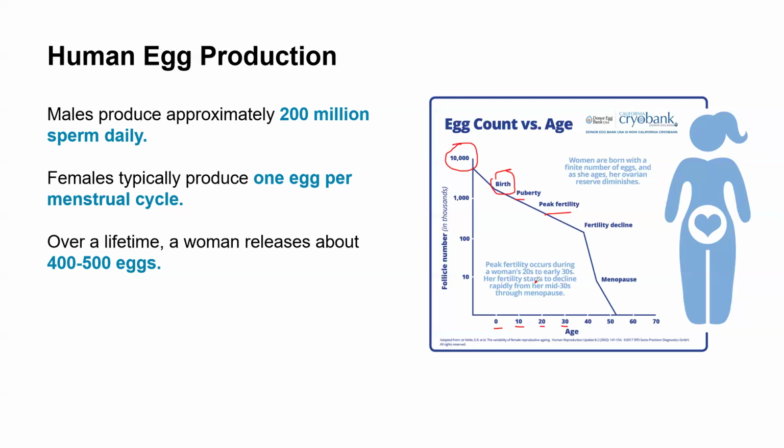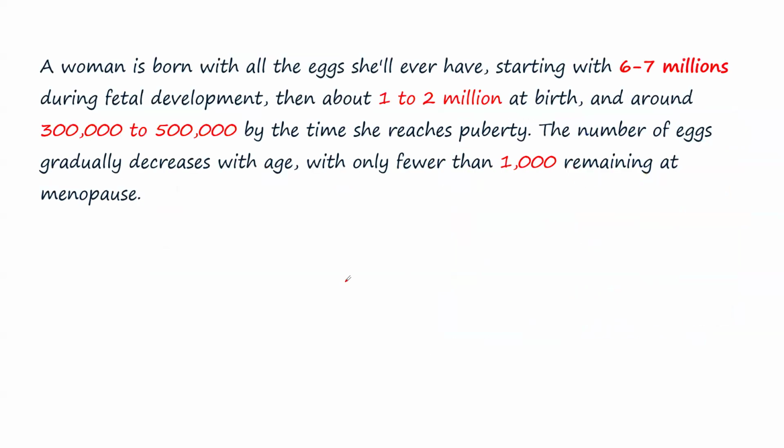So she will no longer conceive because there are no available eggs for fertilization to take place. So as you can see, fertility keeps declining with age. Around 40, the fertility declines. Then around 51, they reach menopause, meaning that the eggs will no longer be fertilized.